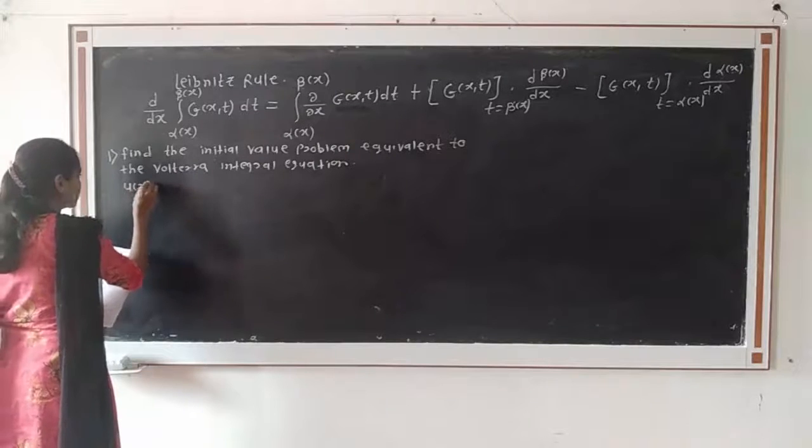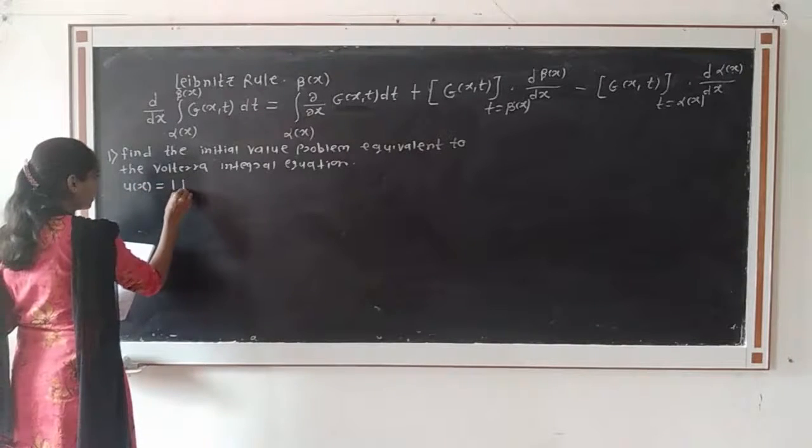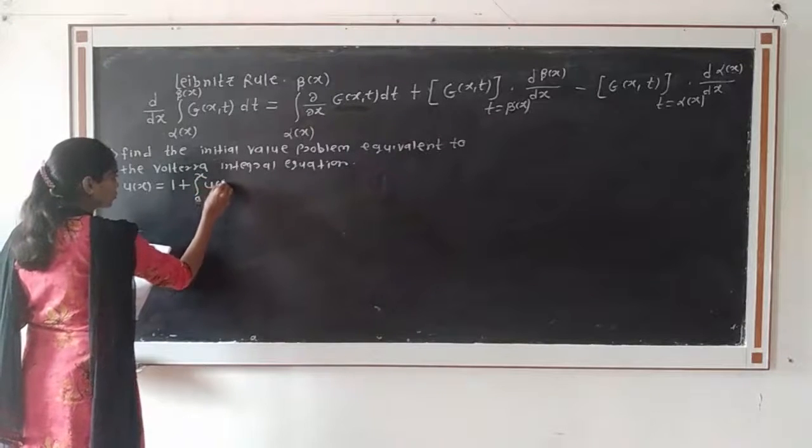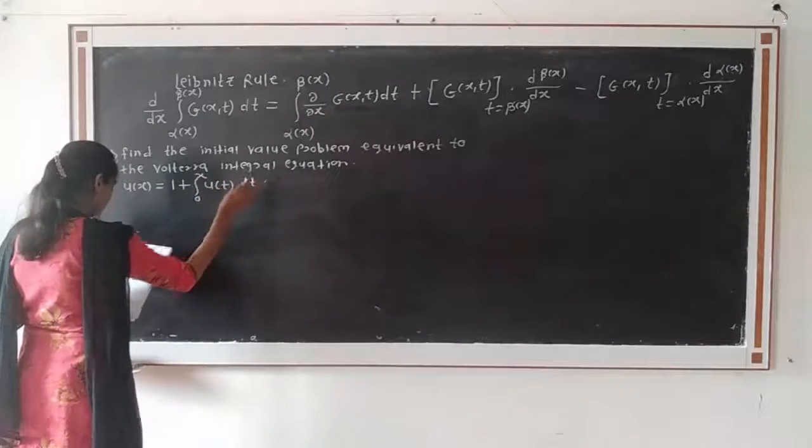Volterra integral equation is u of x is equal to 1 plus integration from 0 to x of u of t dt.